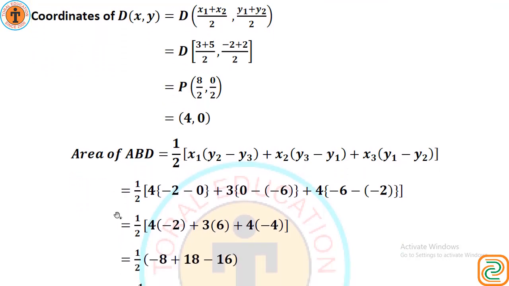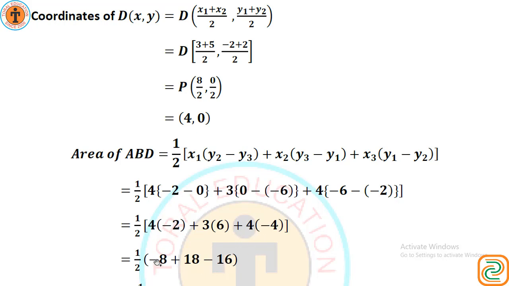Okay, half into bracket 4 into minus 2, and 0 minus 6, that is plus 6, 3 into 6, and here it will be minus 4, because minus 6 plus 2 equals minus 4. Here 4 2s are 8, minus 8, 3 6s are 18 and 4 4s are 16.